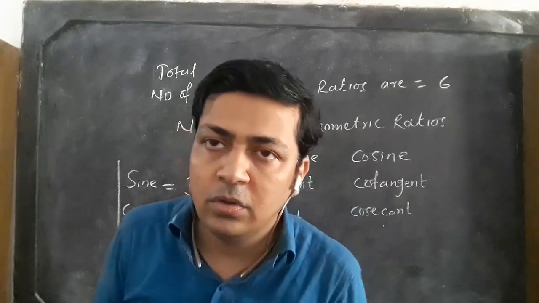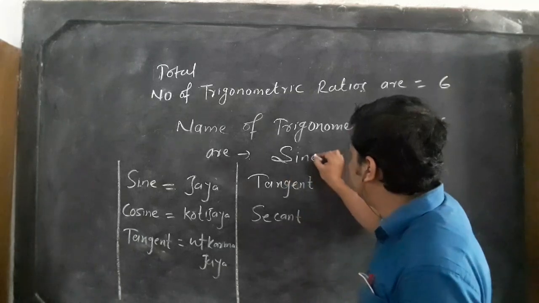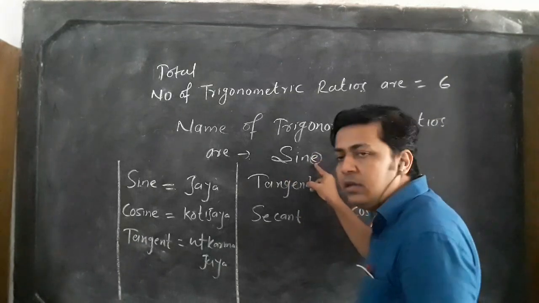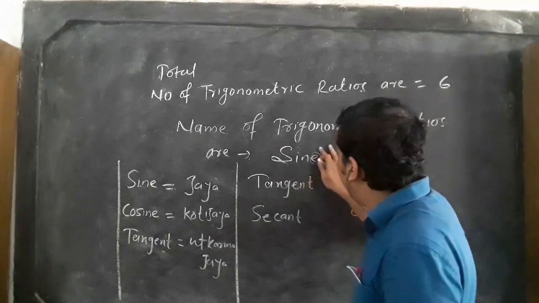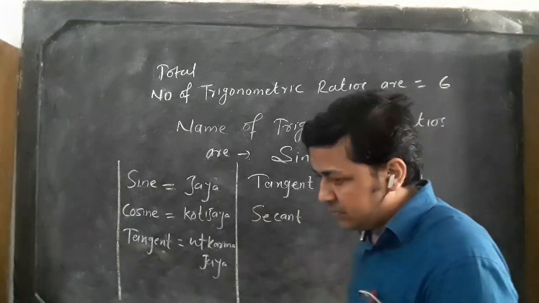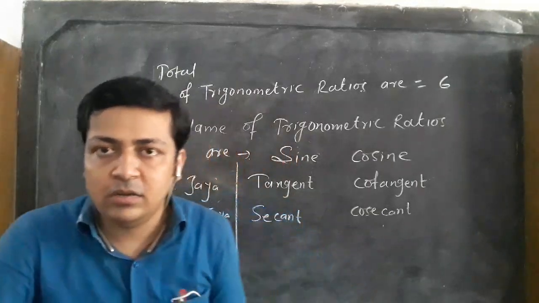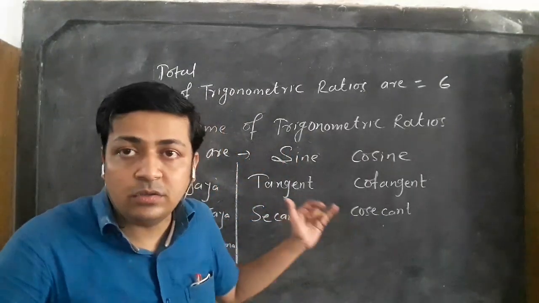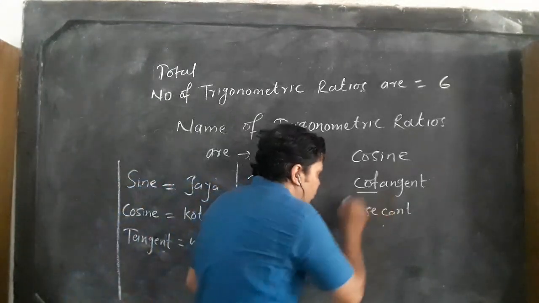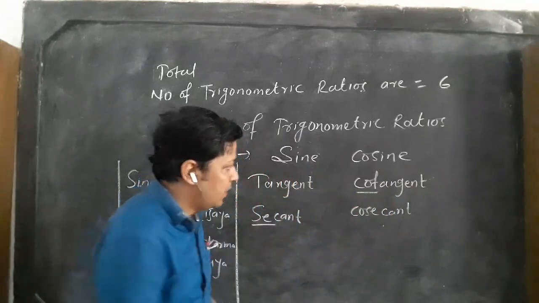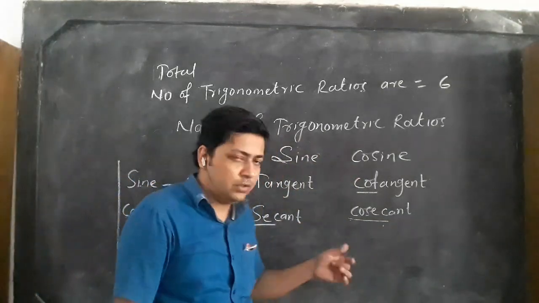Later, by discovery and updating in the trigonometric ratios, it came to be called sine, and there are more abbreviations. Now the E has been removed. The abbreviation changed from time to time, and right now we are using sin, cos, tan for tangent, cot for cotangent, sec for secant, and cosec for cosecant. And we use sin theta, cos theta.